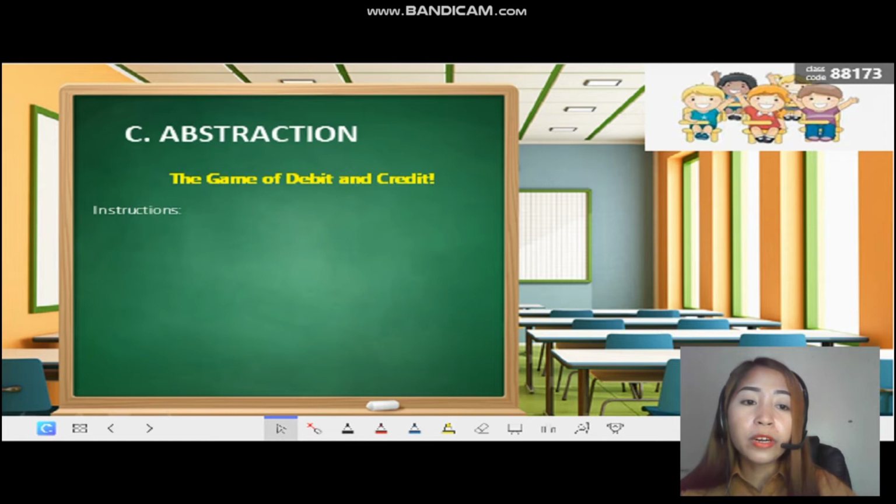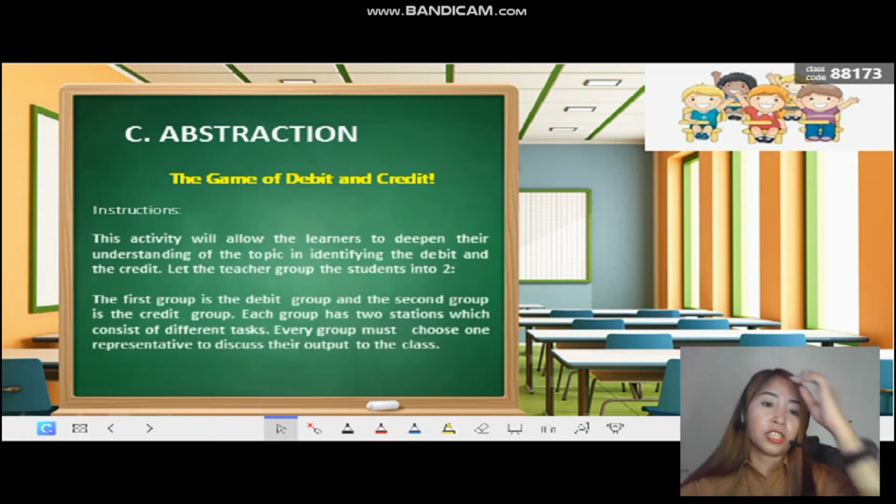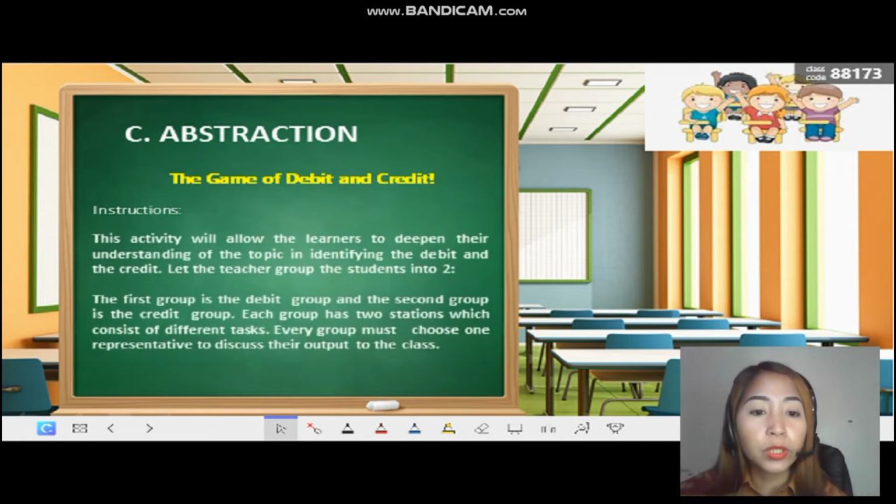Now, we are going to activity number 3, the game of debit and credit. I will read to you the instruction. This activity will allow the learners to deepen their understanding of the topic in identifying the debit and the credit. Let the teacher group the students into two.